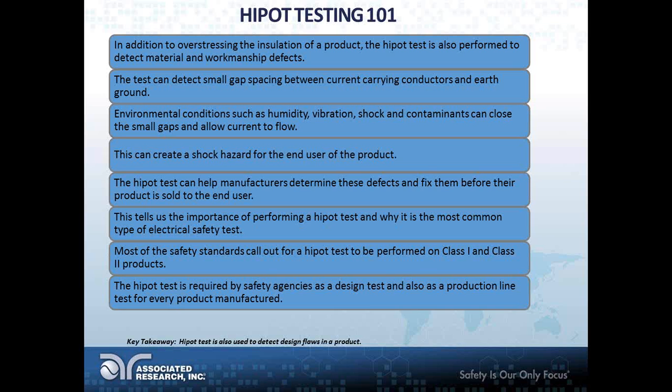The Hipot test can help manufacturers determine these defects and fix them before their product is sold to the end user. So this means the Hipot test not only stresses the insulation to see if it will break down and whether it's good enough to take care of any fault currents, but it is also used by manufacturers during the design phase, and it allows them to find manufacturing defects and fix them before their product is actually sent out into the market, making sure that the product is safe to use.